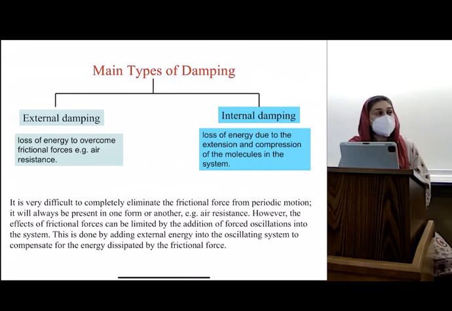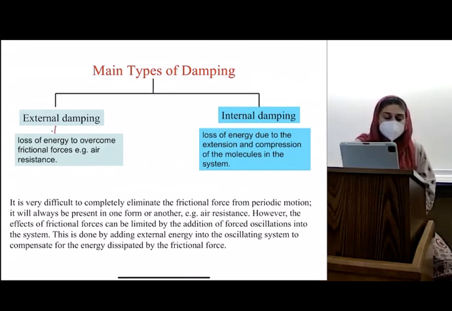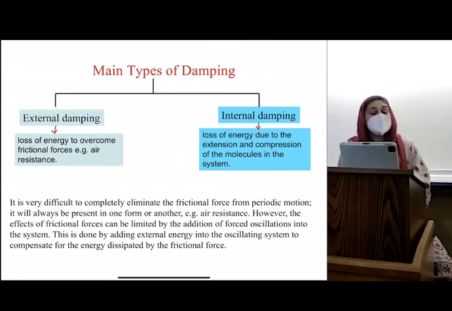The main types of damping include external damping, or they could include internal damping. External damping includes the energy loss from, for example, the frictional force we talked about and the drag we talked about. But there is also additionally something called internal damping.